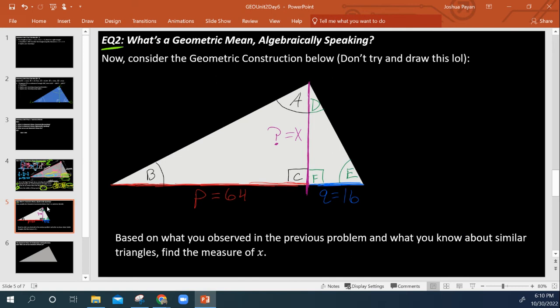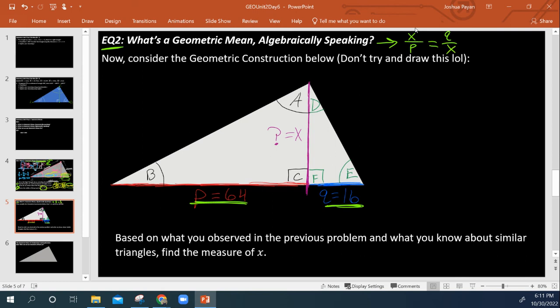So algebraically speaking, the altitude of a right triangle is to the longer segment right here as the shorter segment, Q, is to the altitude.